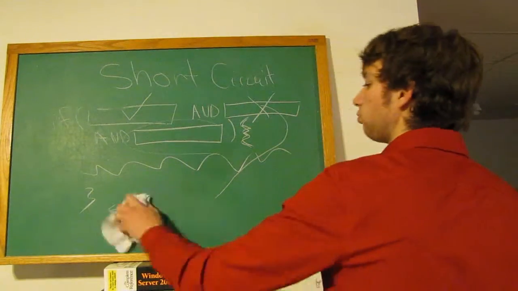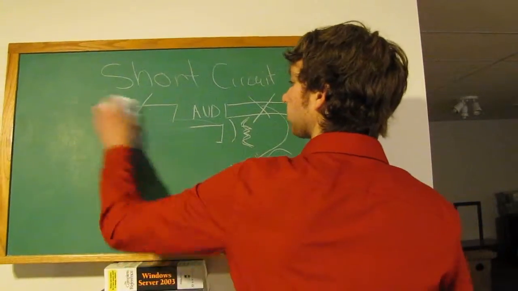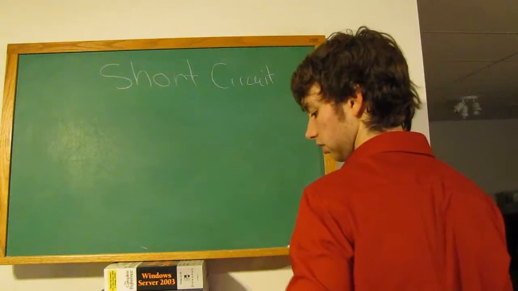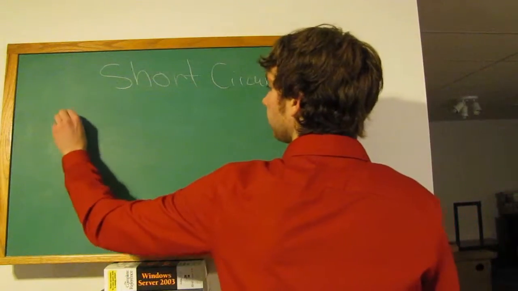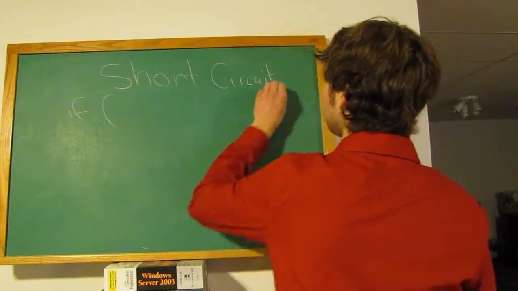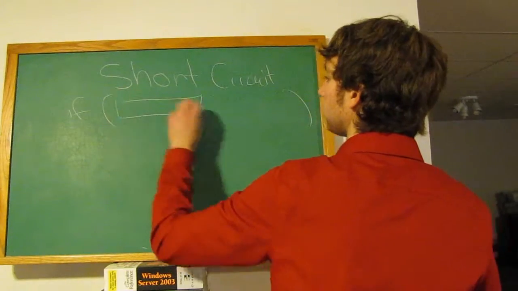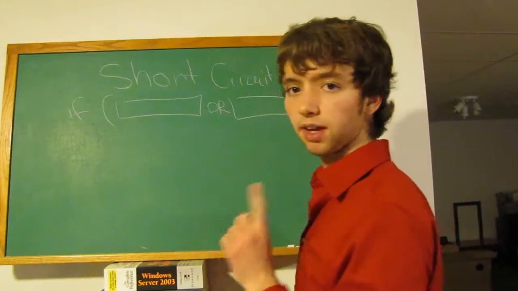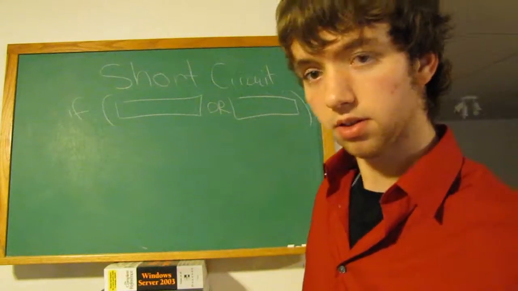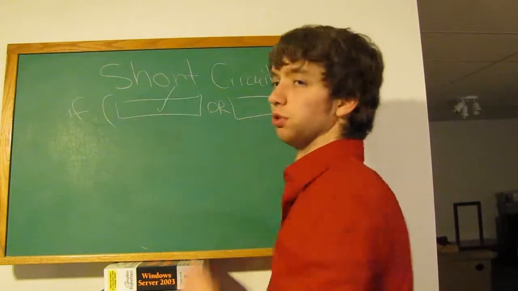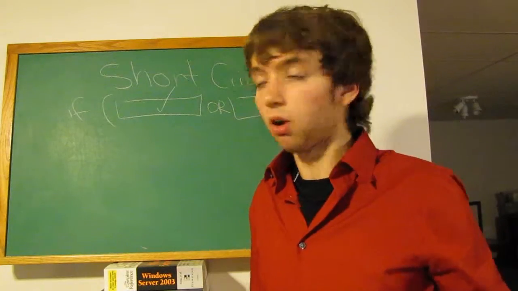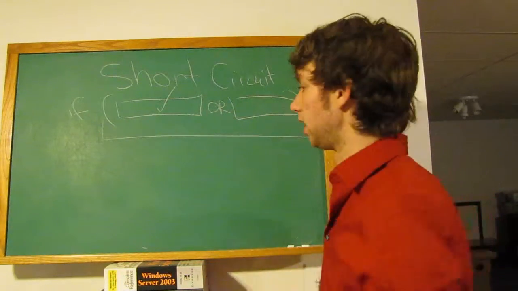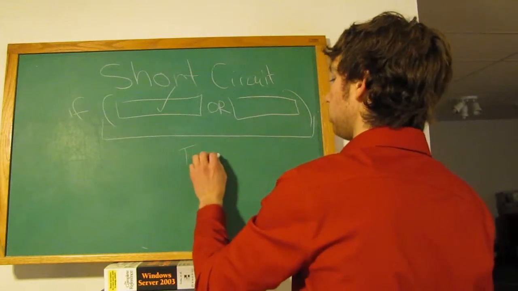It's the same for an or statement. So like for an or, we could have here's a test, or this one. And one of these has to be true. Make sense? So if this one's true, well, then we already know this whole thing is going to be evaluated as true.